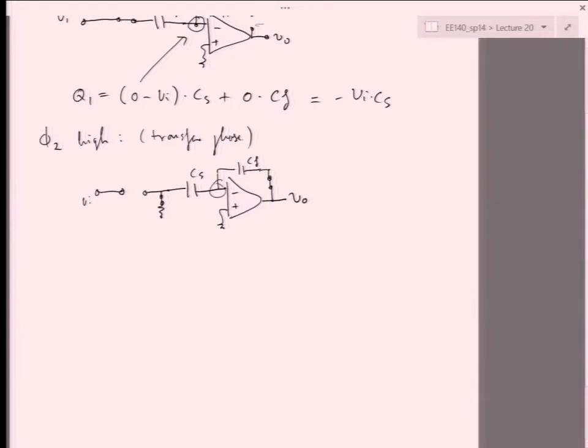So let's see what happens at this node over here. Q2 is (V minus minus 0) times CS plus (V minus minus VO) times CF.